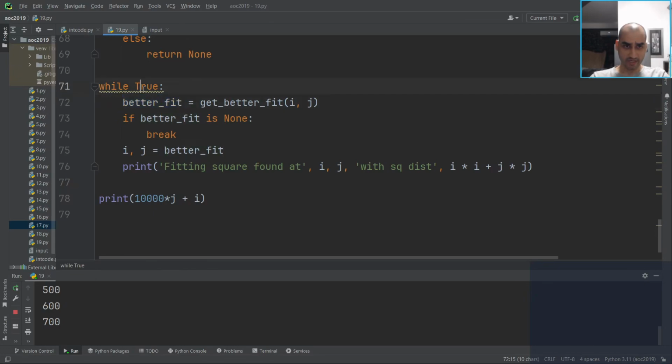If we don't find a better fit, we break out of this. So we should find a better fit.